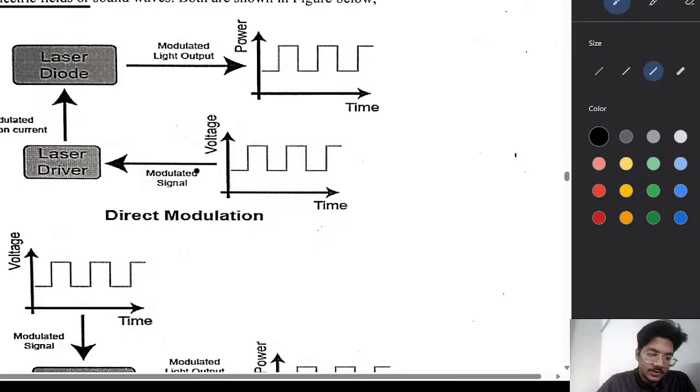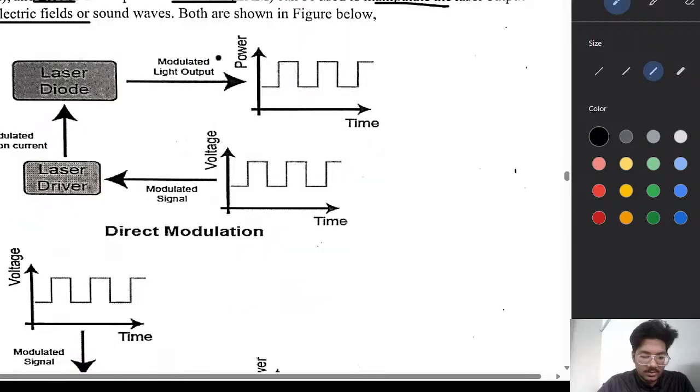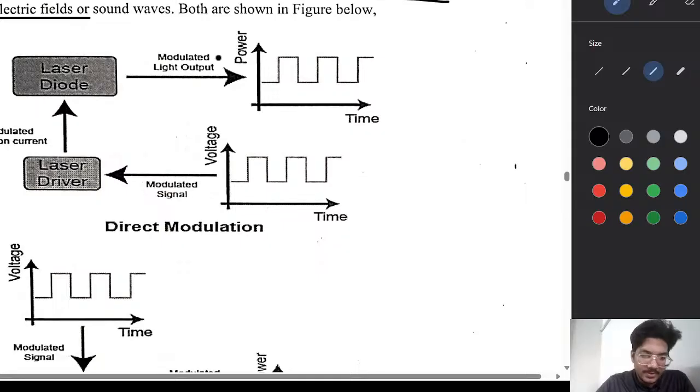Examples of external modulators: the electro-optic modulator uses an electric field to change the intensity, phase, and polarization. The acousto-optic modulator produces a sound wave to control the light and produces intensity modulation, frequency shift, and beam deflection.